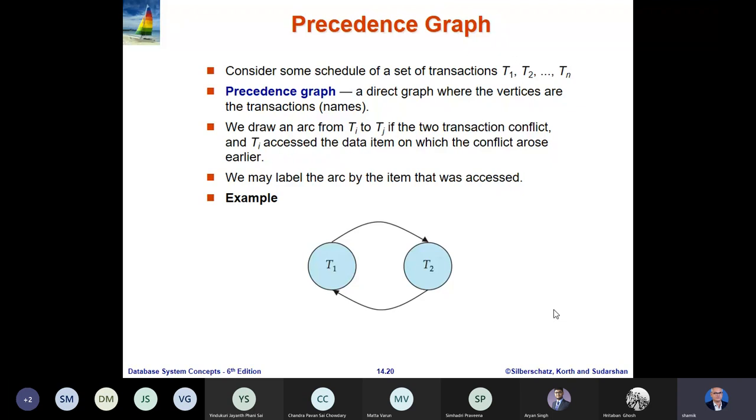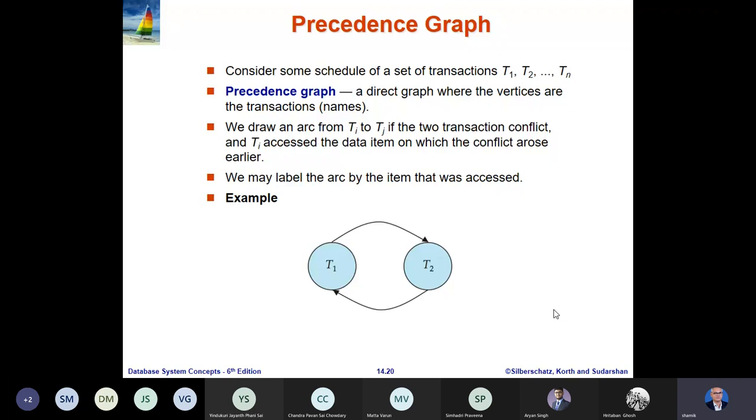Again I am repeating: if T1 has a read Q before a write Q of T2, the edge will be drawn from T1 to T2. If T1 has a write Q and T2 has a read Q, or T1 has a write Q and T2 has a write Q, then also the edge will be drawn from T1 to T2. And conversely, if T2 has a read Q before write Q of T1, then I will have an edge from T2 to T1.